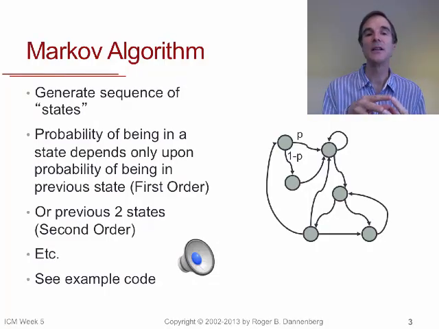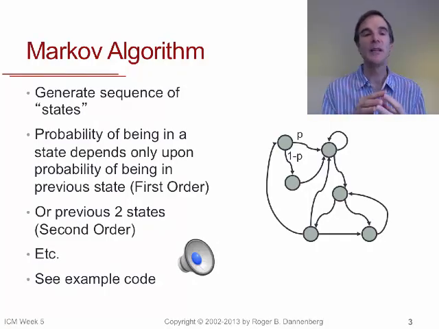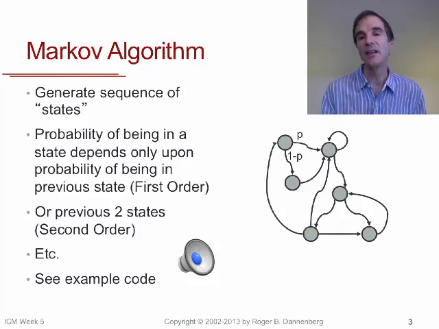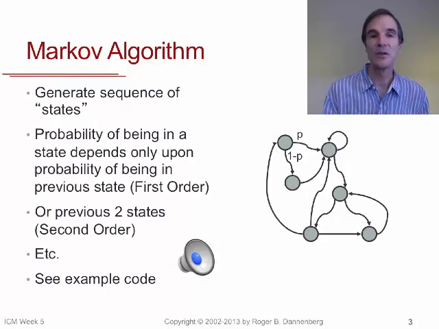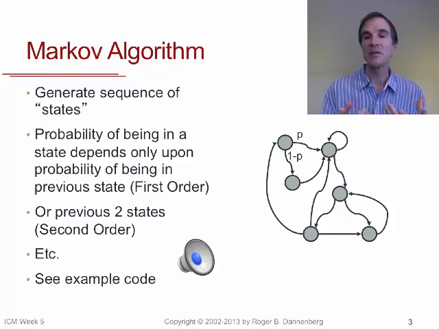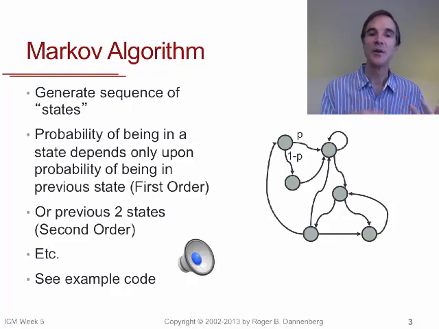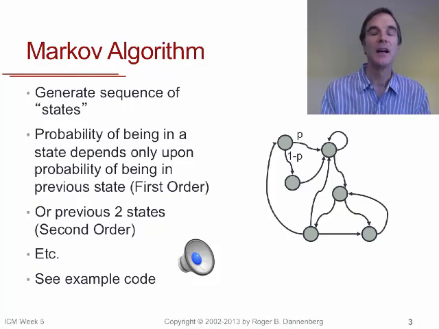In fact, the probability of being in a state only depends on the previous state. When you do that, that's called a first order Markov model. You can also build Markov models where the next state depends on the previous two states, and that's called a second order model, and so on.